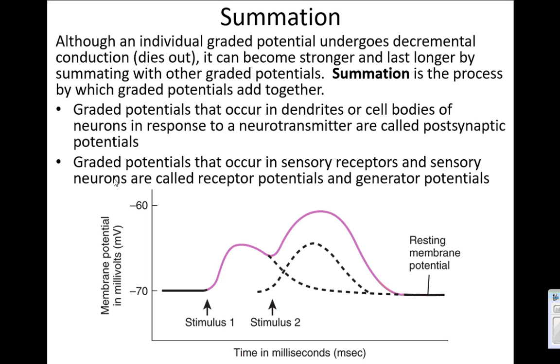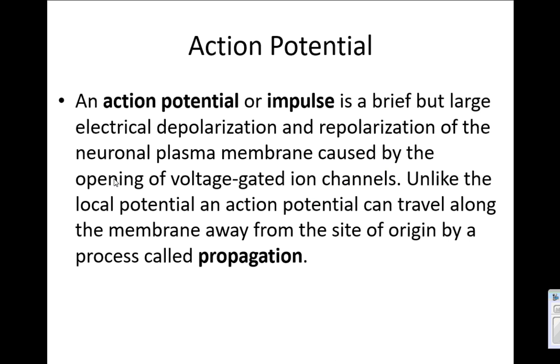Why this is important is because it's going to get us closer to a concept called threshold. And threshold is something that is absolutely essential for an action potential to occur. And this is where the real magic happens.